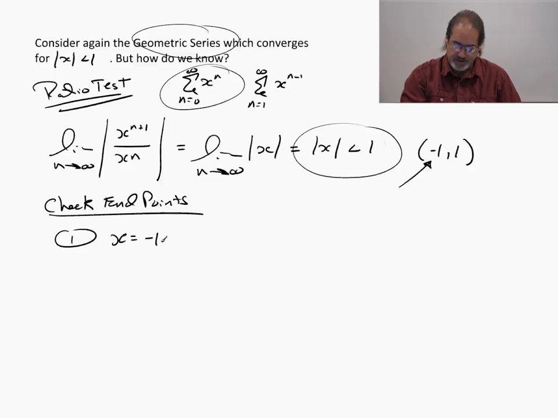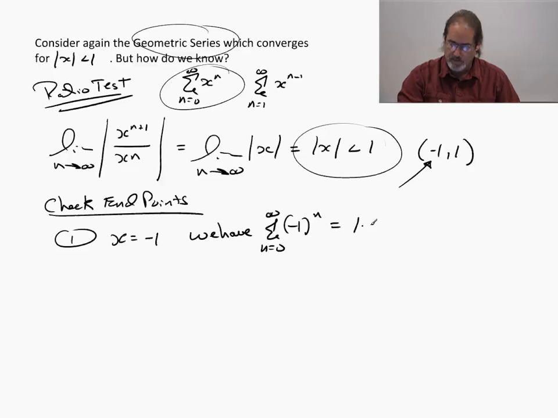But if I do, for x equals -1, we have the sum n equals 0 to infinity of -1 to the n, which is equal to 1 minus 1 plus 1 minus 1 plus 1, and so on. We've talked quite a bit about that particular series. That will diverge.